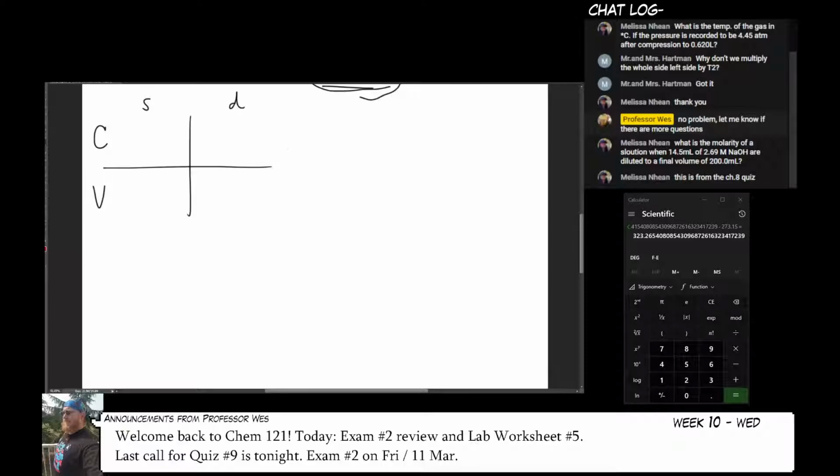So we have concentration of stock solution, volume of stock solution, dilute concentration, and dilute volume. So the final volume will be 200 milliliters. And I'm going to dilute 14.5 milliliters of stock solution.